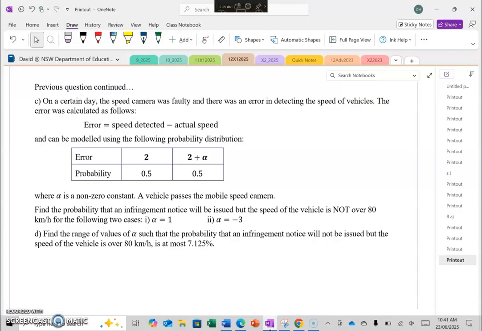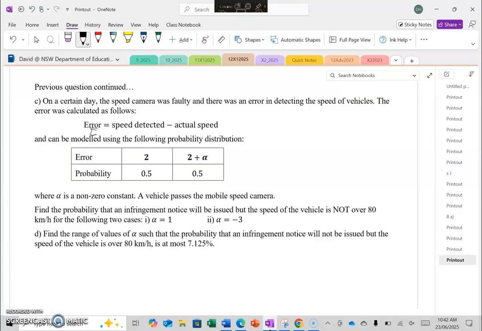The error is calculated by doing the speed detected by the camera minus the actual speed, and can be modeled using that probability distribution there, where alpha is a non-zero constant. So basically half the time there's an error of 2, and half the time there's an error of 2 plus alpha. It might be useful to rearrange this equation.